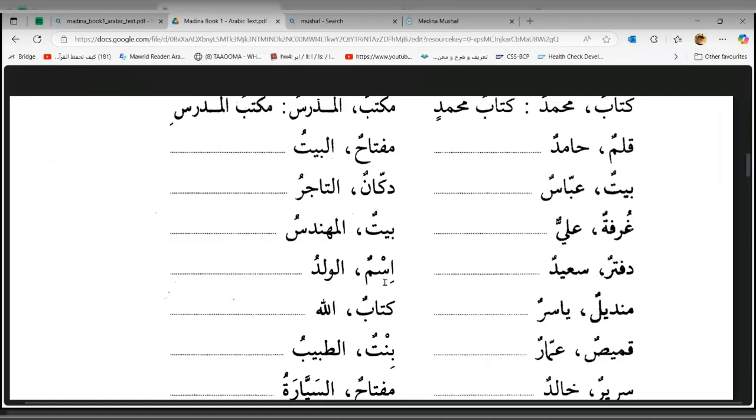Okay, so we have Baytul Muhandisi, then we have Ismun and Al Waladu. Ismul waladi. Very good. One thing to say about Ism is that the Hamza at the beginning of Ism is a Hamzatul Wasl, which means it's similar to the Hamza in Al.